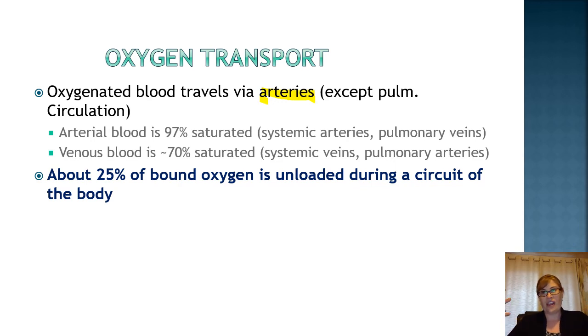The body's not that effective at teasing that apart. So the pulmonary arteries and the systemic veins are going to have about 70% saturation for the hemoglobin molecules. So yeah, again, the difference is there. It's just not what you originally expect. You expect it to be completely deoxygenated.